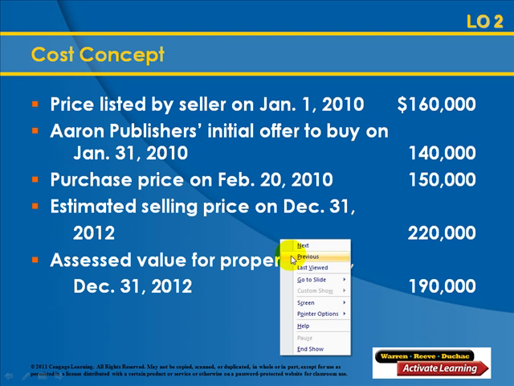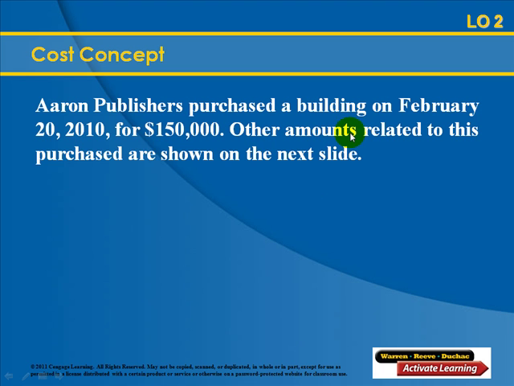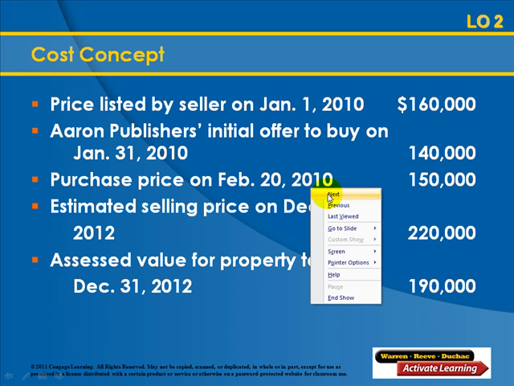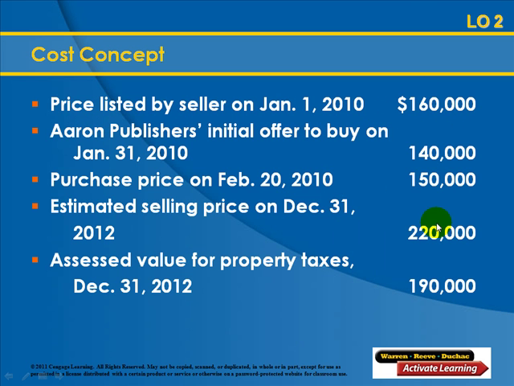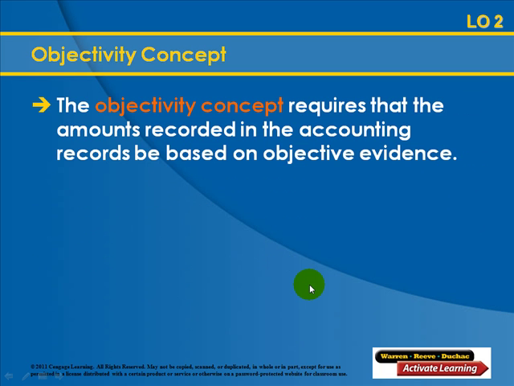Now, we're going to record this building at $150,000, not any other amount that's shown here. None of these amounts are relevant to what we record. It was purchased for $150,000, and $150,000 is what we record it at on the books.